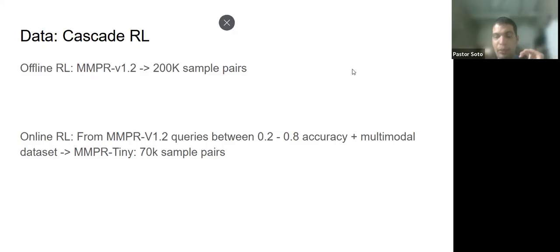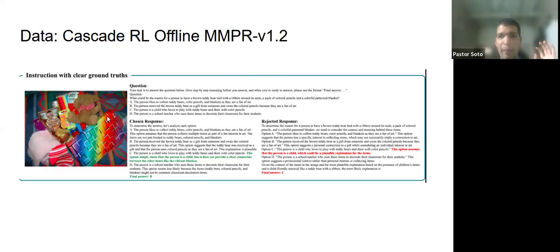So we take a sample of that plus a multimodal dataset, and they construct a new dataset that is MMPR Tiny, which has 70,000 sample pairs.